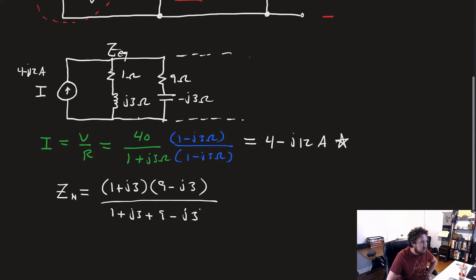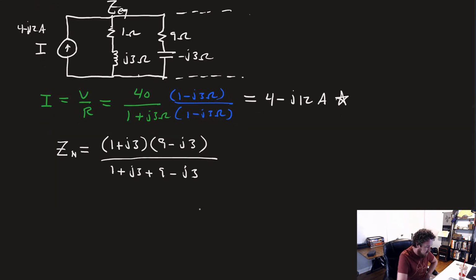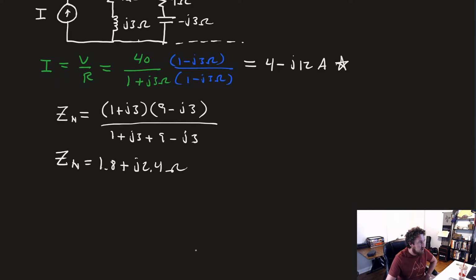And when you finish solving that, you're going to get that our Norton equivalent impedance is equal to 1.8 plus j2.4 ohms.